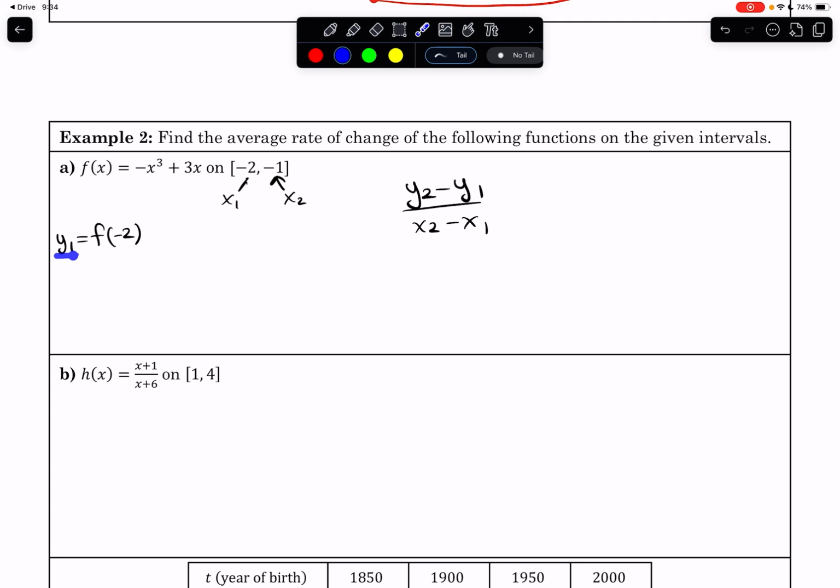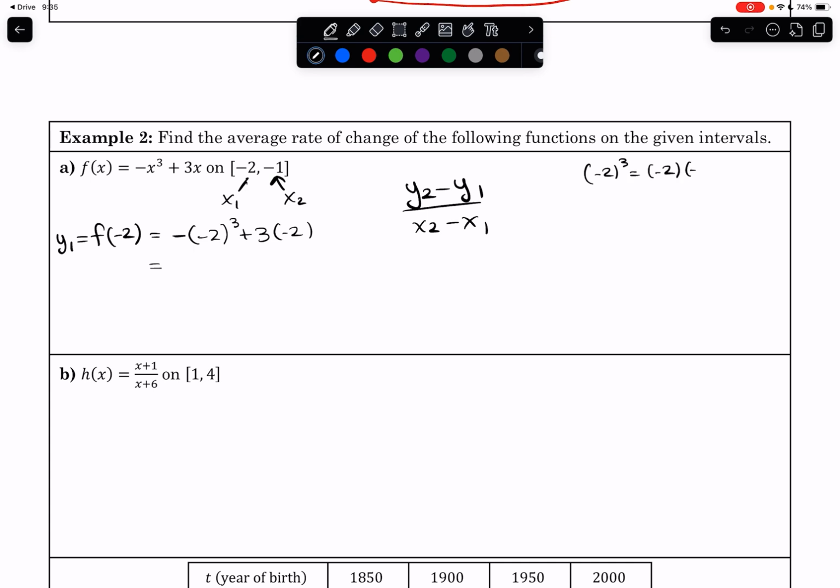So to find the y1 value, I plug the x1 value into my function. So this would be negative, and the x is -2 to the third power plus 3 times -2. In order to do this by hand, I first have to work with exponents. So -2 needs to be raised to the third power, which means -2 times -2 times -2.